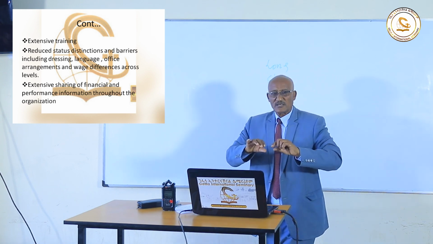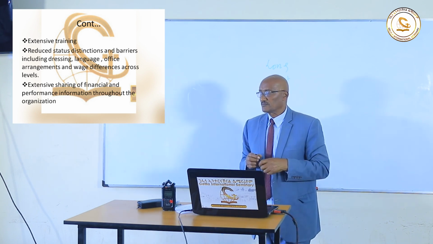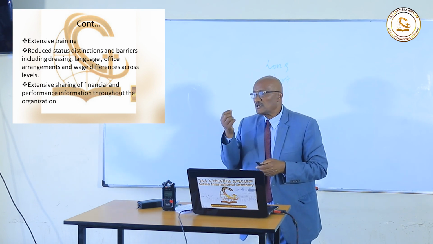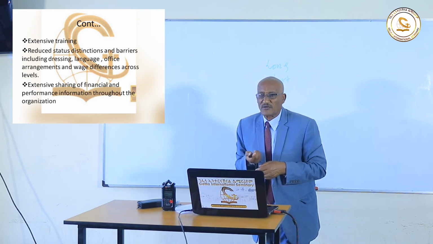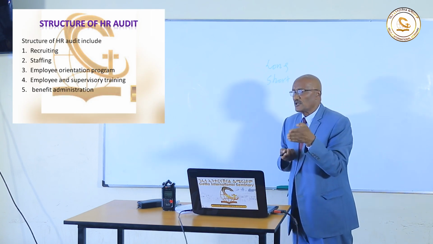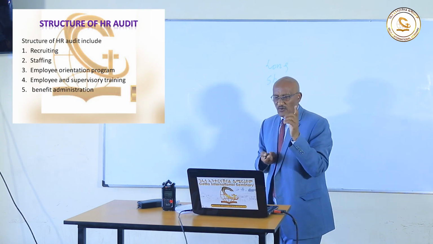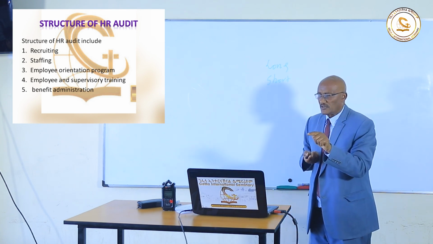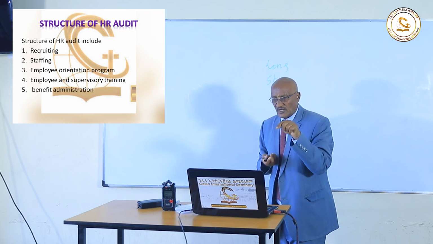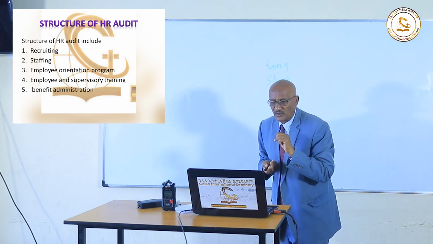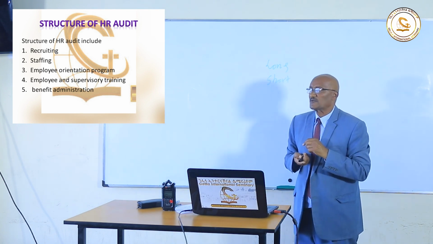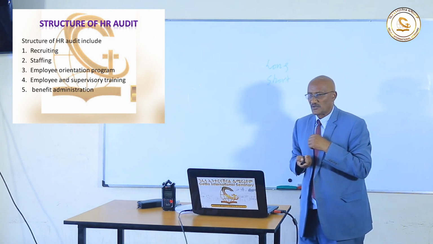Resources must be shared. They should not be centralized and monitored by a single individual using a kind of stick. So the structure of human resource audit is: one is recruiting, we have said a lot. Staffing is another point. Employee orientation program is another point. Employee and supervisory training is another point. Benefit administration is another point.